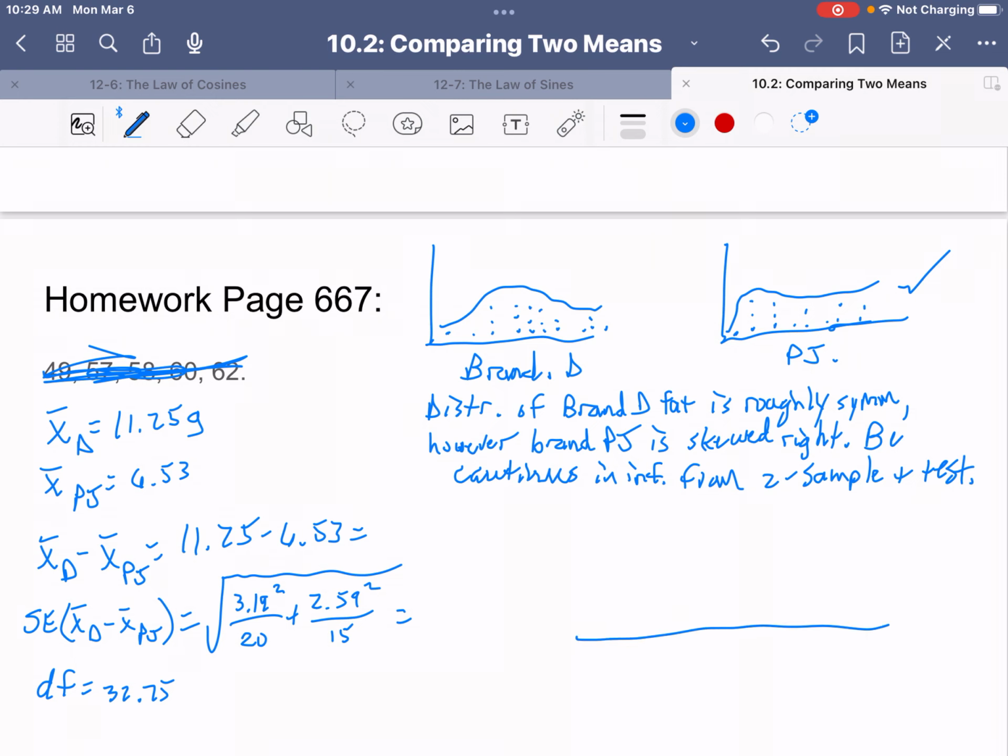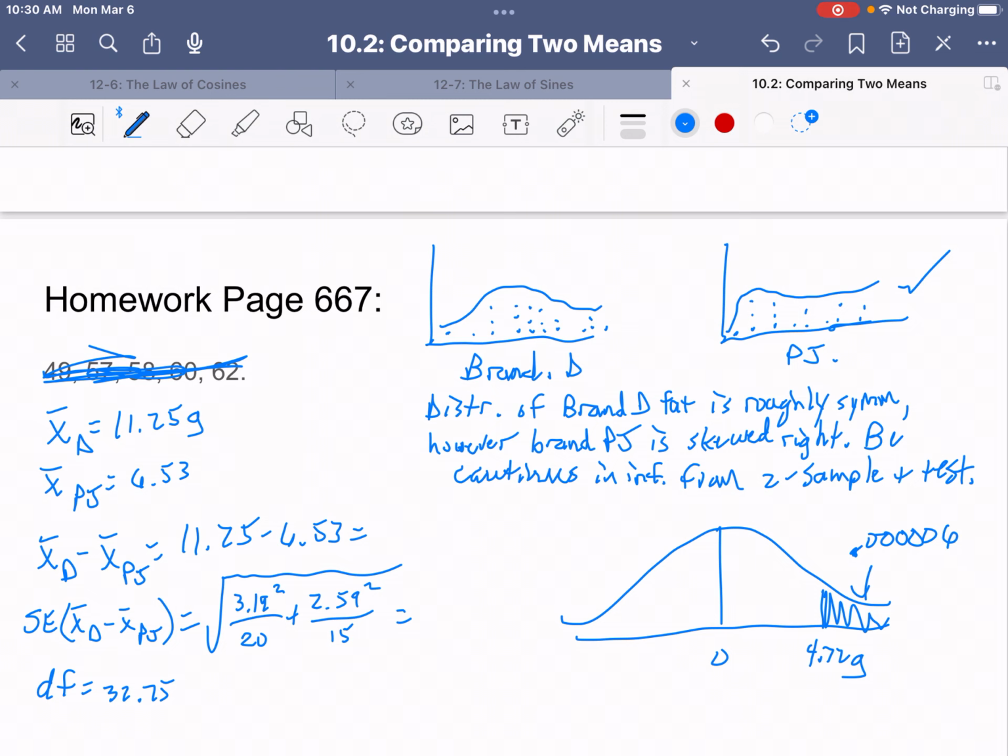And then let's see, my t distribution has a 0. The observed difference is 11.25 minus 6.53, a difference of 4.72 grams. Now, my p-value from the calculator a minute ago was like 0.000006, incredibly low.